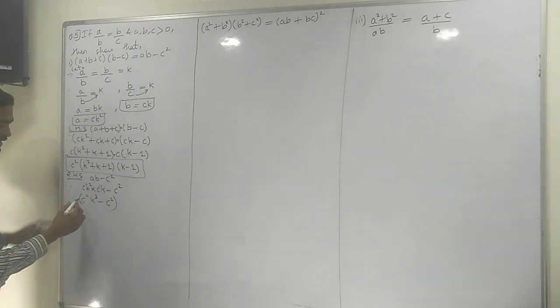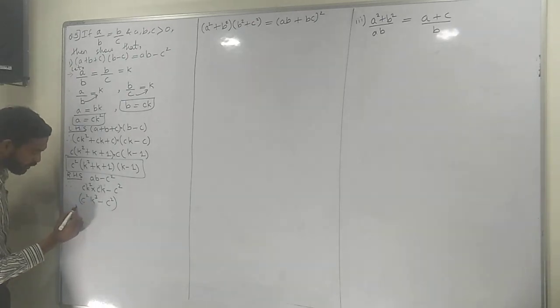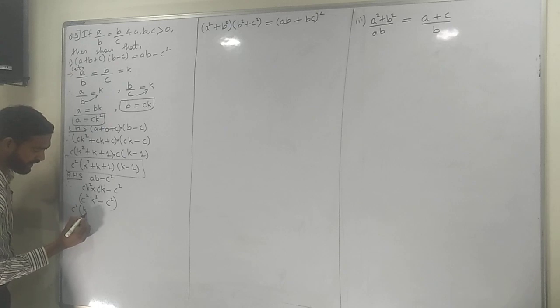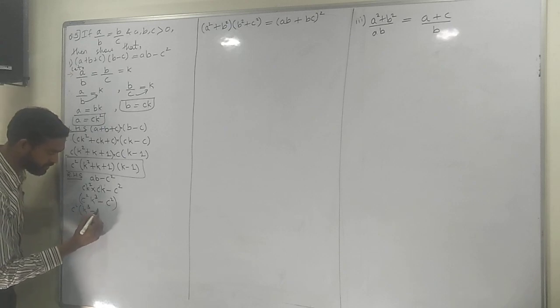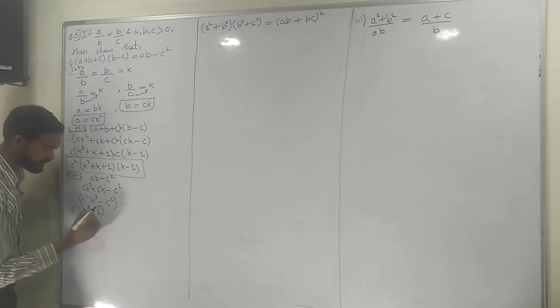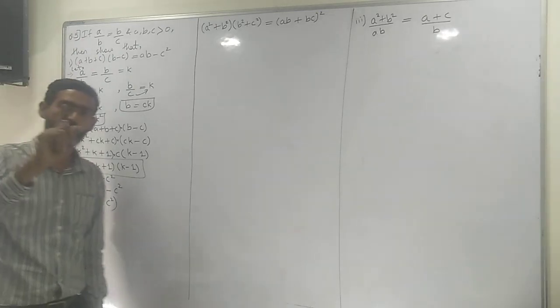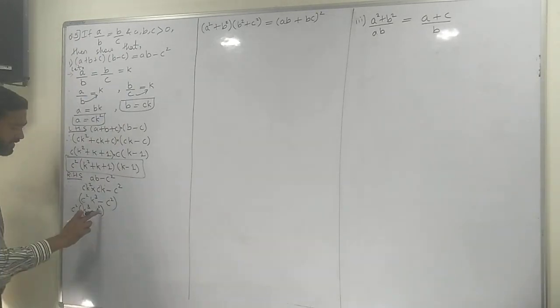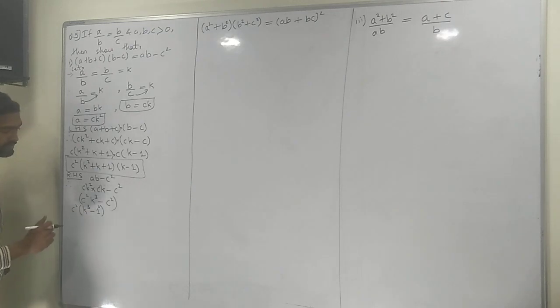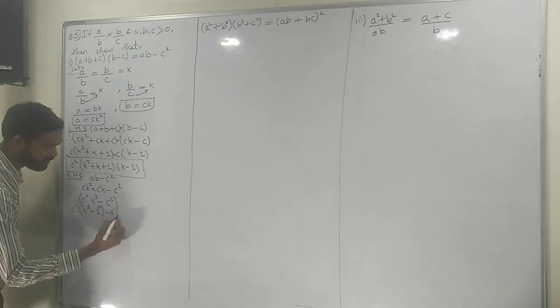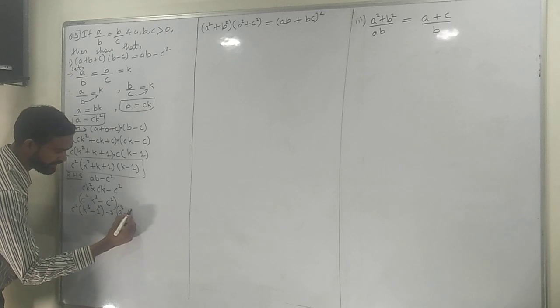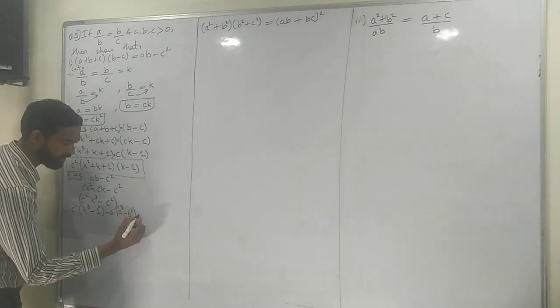Now, can we take something common here? Yes, I can take C square as common. So, what do we have left? K cube minus 1. Can I write 1 as a cube? Yes. 1 raised to anything is 1 only. So I am writing this one as 1 cube. Now we'll apply here the A cube minus B cube formula. What is this formula?